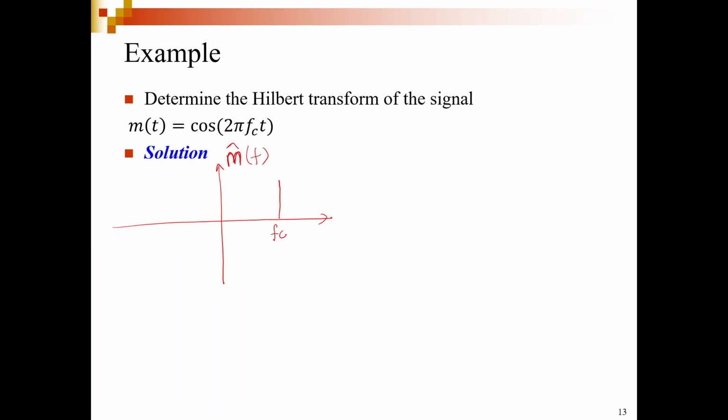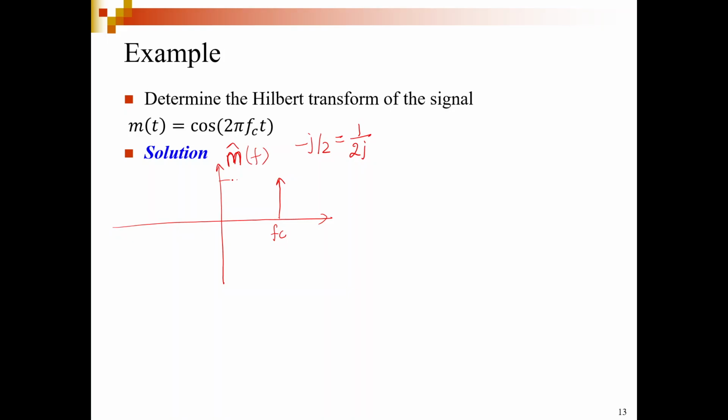That means at fc, instead of writing it as minus j by 2, we equivalently write 1 over 2j. Why? Because multiplying and dividing by j, j square is minus 1, so it is going to be minus 2, which gives us the same result. So we can conveniently write minus j by 2 as 1 over 2j.